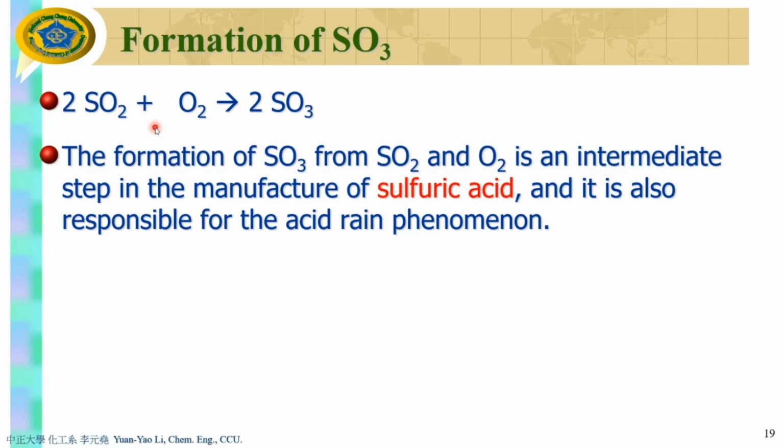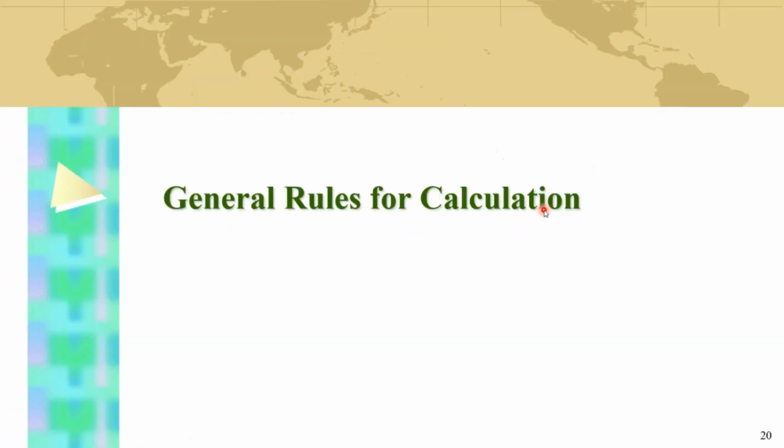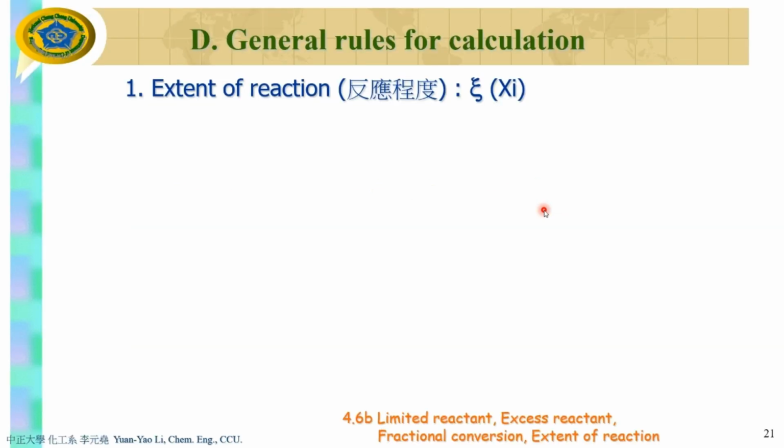However, for industry, we need this process in order to make sulfuric acid. Right. So the general rules for the calculation, according to the previous topic, you need to know. When you are in high school, this is probably enough.